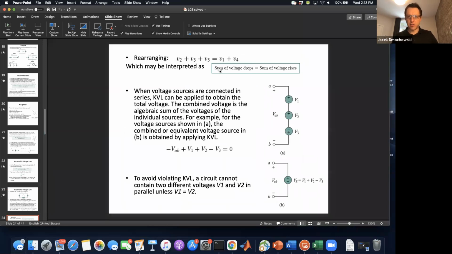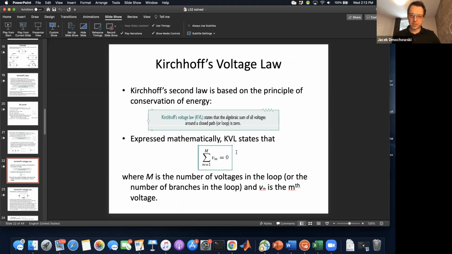So another way of stating Kirchhoff's voltage law is to say that the sum of voltage drops equals the sum of voltage rises. Whatever speaks to you more, you should think of it that way. You will get the same answer whether you implement this or whether you implement this.